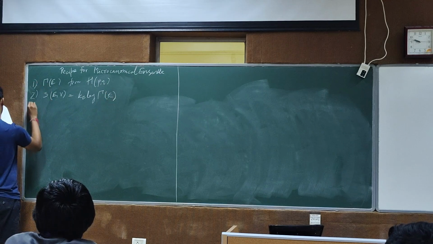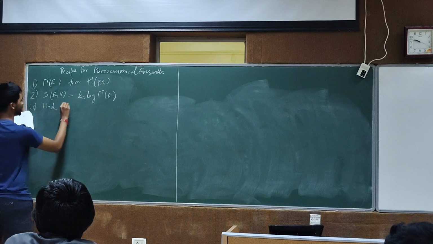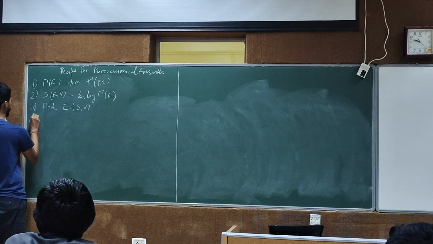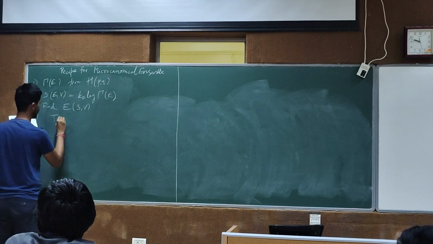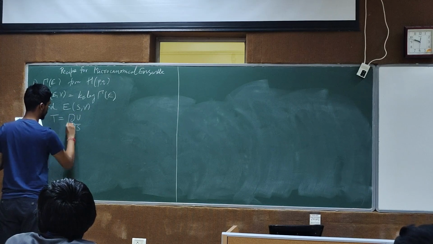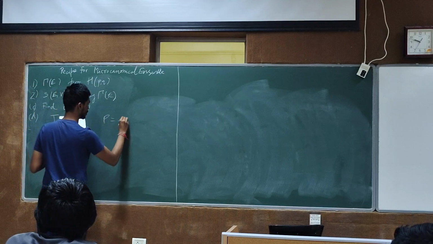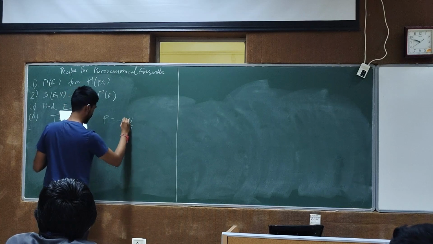Then find E in terms of S and V. Then you can find the various thermodynamic quantities: T equals del U del S at constant V, and P equals minus del U del V at constant S.